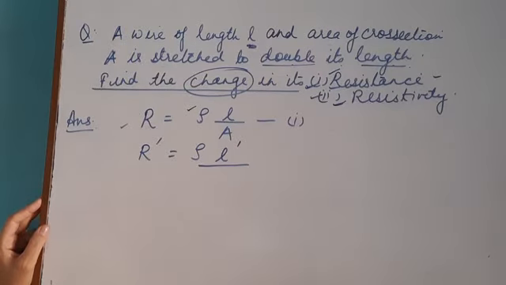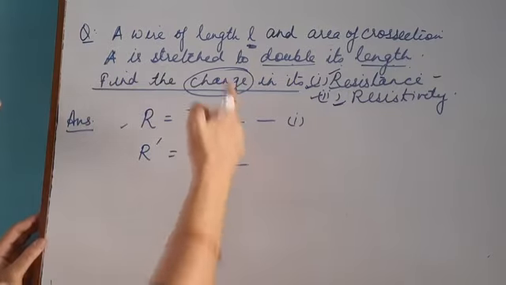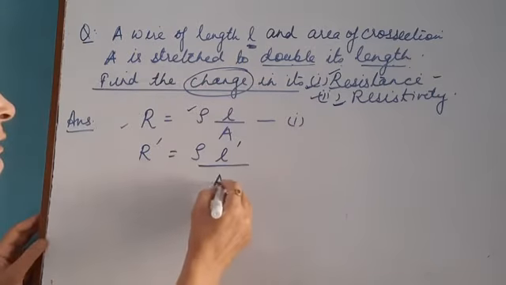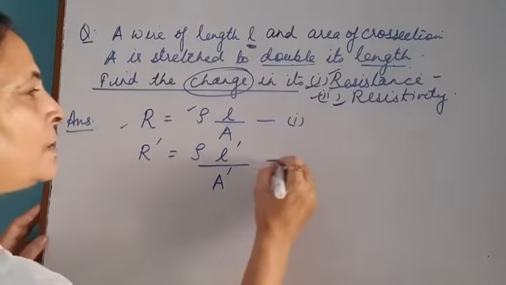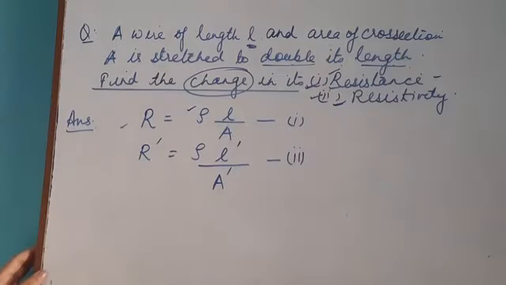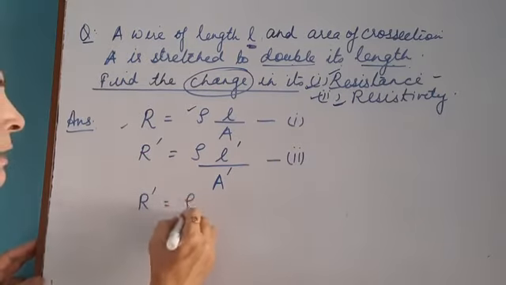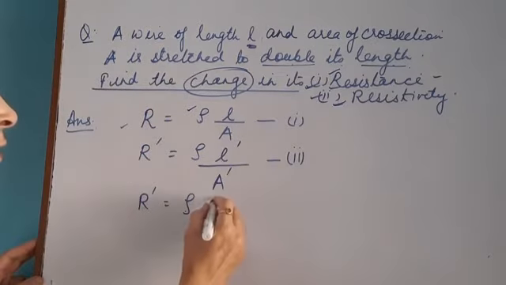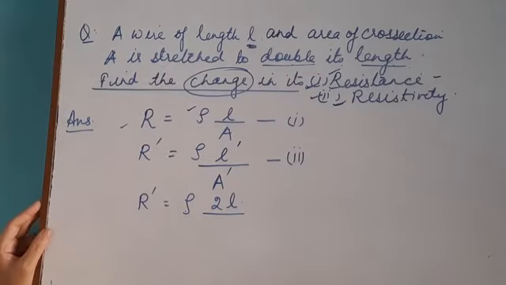It is stretched, so it has to be understood that the area of cross section is also changed. This is my equation number 2: R dash = ρL dash/A dash. Now R dash, in any case, I have to calculate. Rho is the same. L dash is already given to me as 2L. The question is, what is A dash? This I will have to calculate.